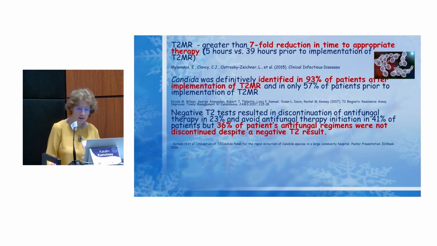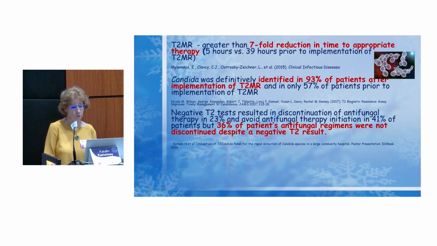Sorry, somehow my pictures went somewhere else where they were before, but it doesn't matter. But after, it can be read, I think. And if you compare it, in the era before using this T2MR, it was only 57% of patients who had a positive result.